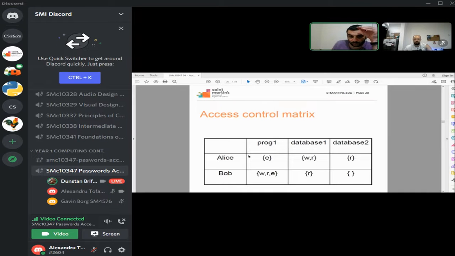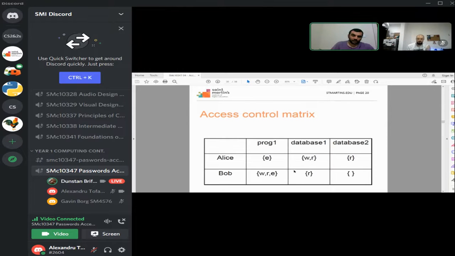There is absolutely nothing wrong if these are interchanged. If you write the objects here and the subjects up here, it's still going to be exactly the same thing, right? Just the way we have adopted one of the conventions that we find in the books, where we use the subjects over there and the objects over there, right?